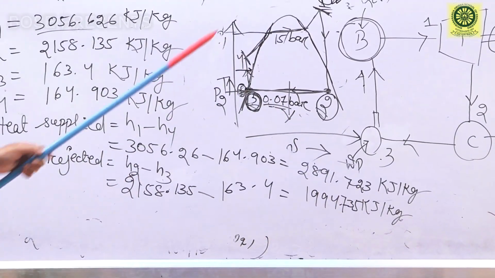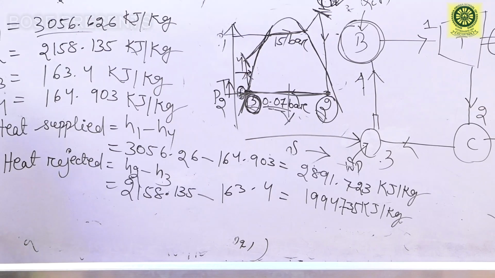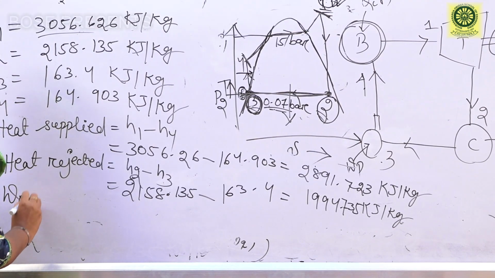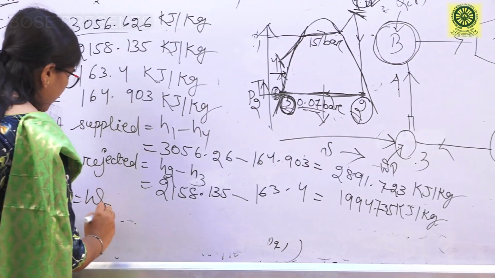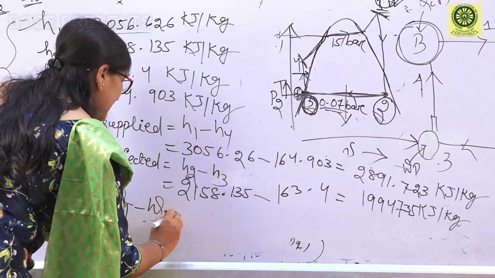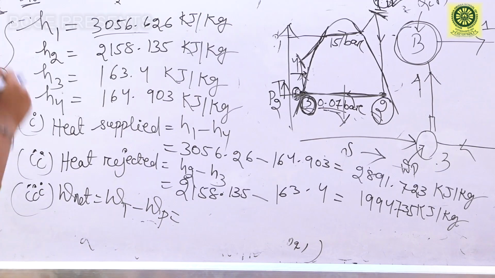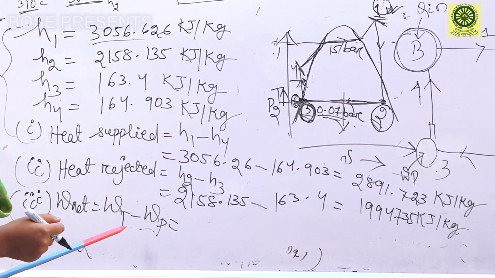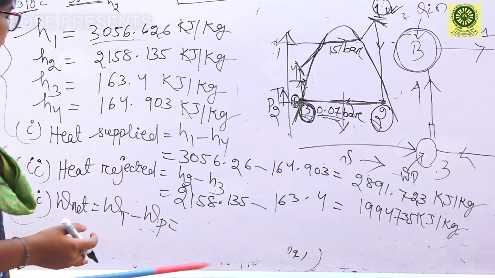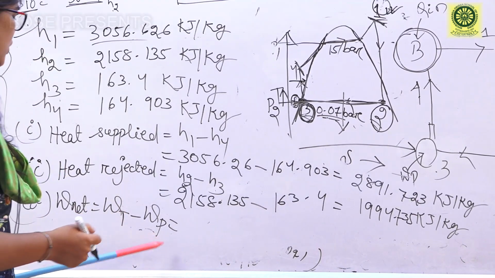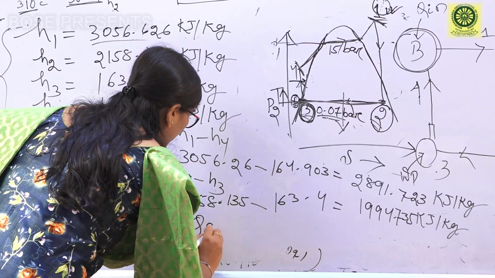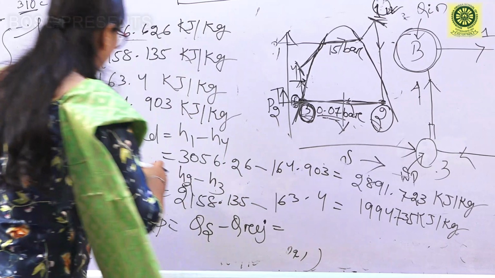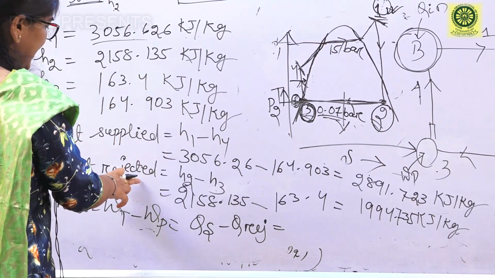Then the next part, net work done. You know W net is turbine work minus pump work, and as this is a cyclic operation, as per the first law of thermodynamics, your net work done is net heat supply. So WT minus WP is equivalent to Q supply minus Q rejection. I have already found the heat supply and heat rejected.